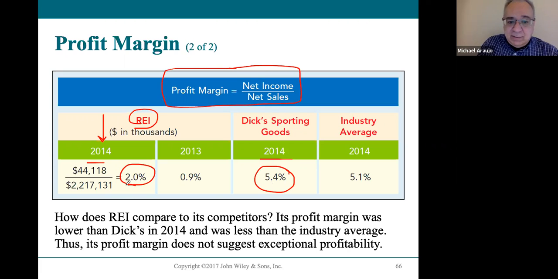Much, much higher than REI, and also higher than the industry. So Dick's might not have a very good gross profit rate, but bottom line, they're keeping more of that sales dollar than their competitors for the most part. So this is very, very good.